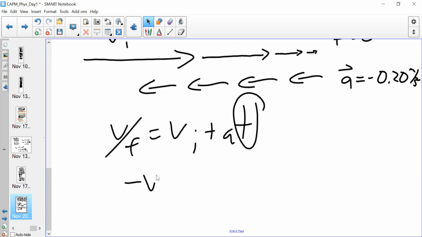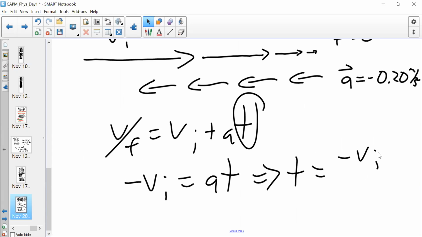Then I subtract AT from both sides, and T equals negative VI over A. This is negative because time is going to be positive. That will be negative 1.75 over negative 0.2. There's your answer there. So tell me what you get.